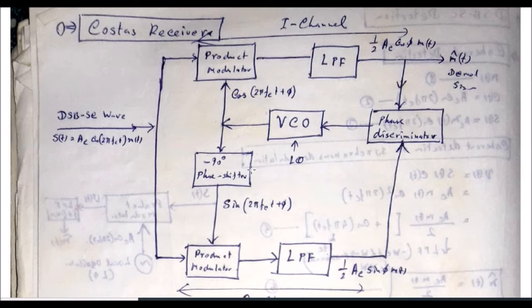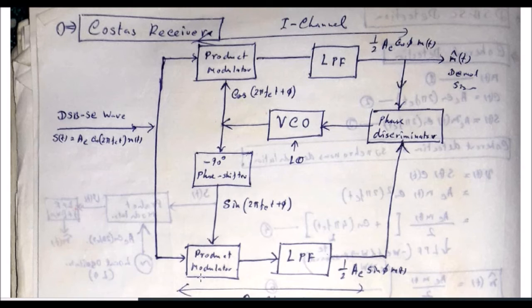A 90-degree phase shifter is there, which gives a 90-degree phase shift to cos(2 pi fc t plus phi). That means if you give a minus 90-degree phase shift to any cosine term, you will get the sinusoidal term. That will be sine(2 pi fc t plus phi).